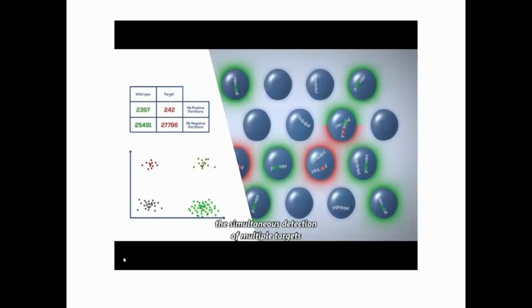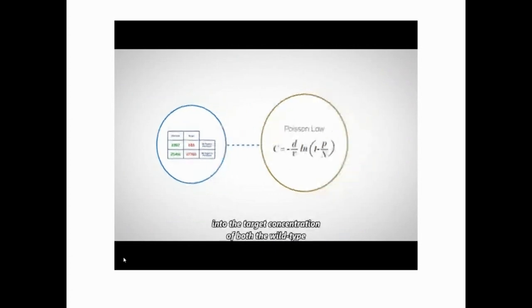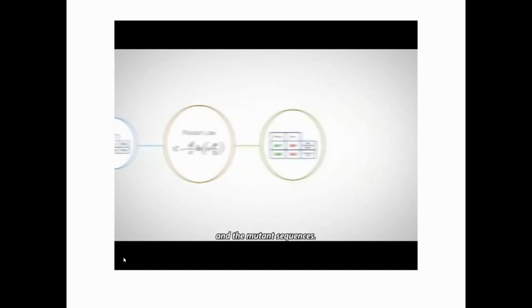Digital PCR also enables the simultaneous detection of multiple targets using a multiplex assay. Rigorously, a formula based on the Poisson law converts the counted negative and positive partitions into the target concentration of both the wild type and the mutant sequences.